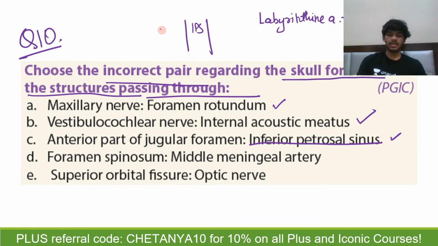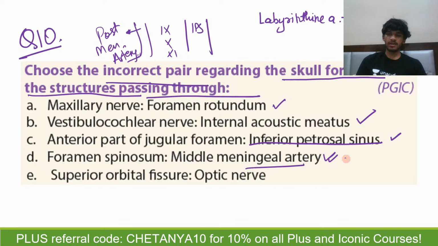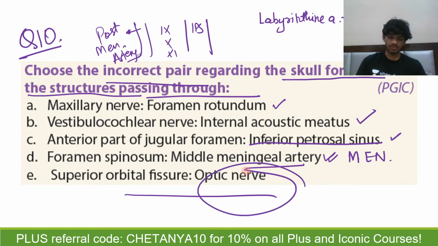Then you have the ninth, 10th, 11th here, and posteriorly you will have the posterior meningeal artery. Foramen spinosum, middle meningeal artery, that's true. The superior orbital fissure does not have the optic nerve passing through it.